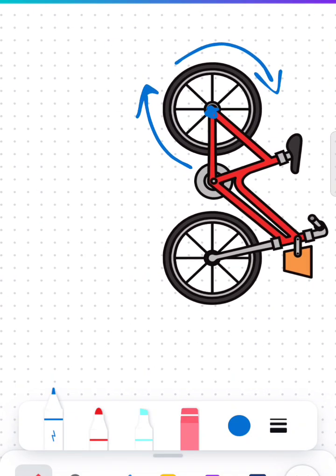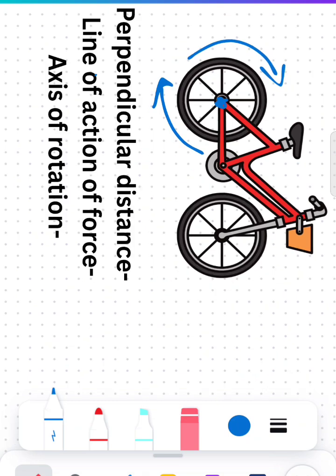let's understand the meaning of some technical words which are used here. First, what is perpendicular distance? Perpendicular distance is the distance between the pivoted point and the point at which the force is applied.